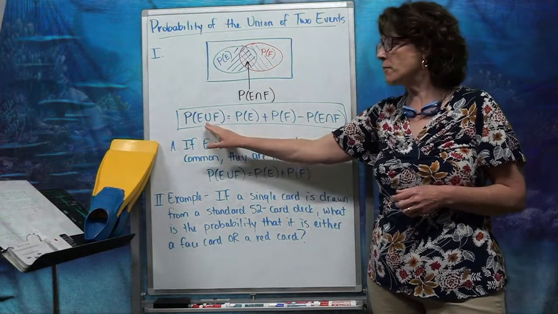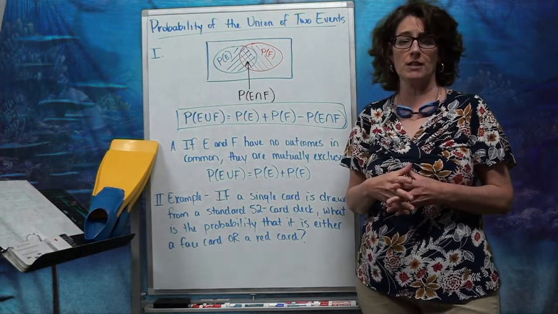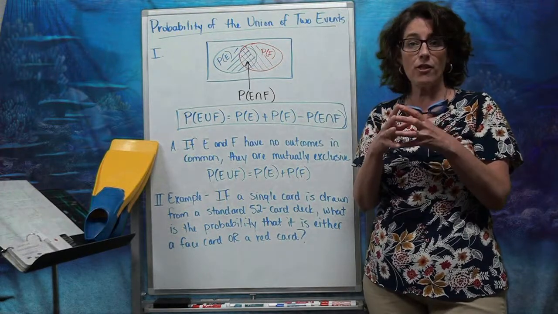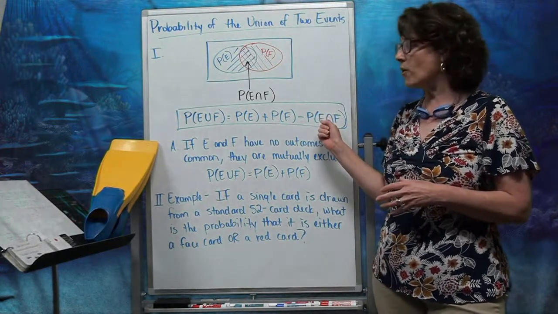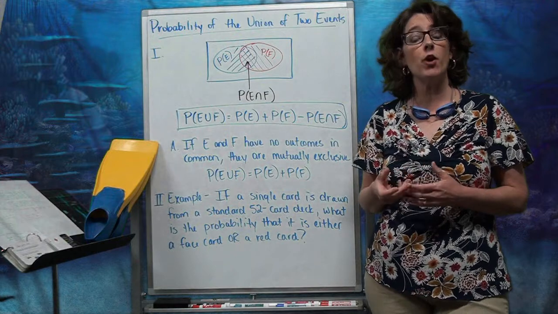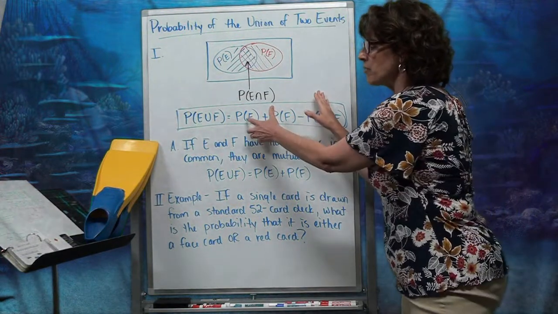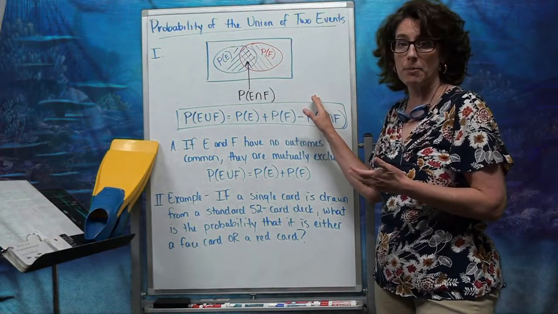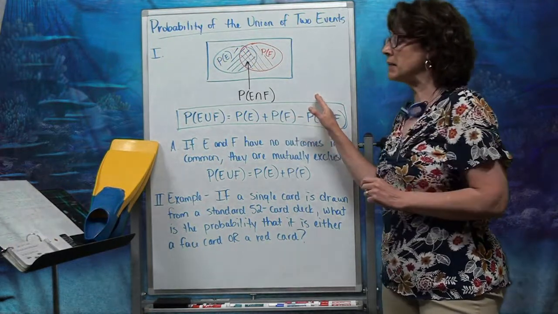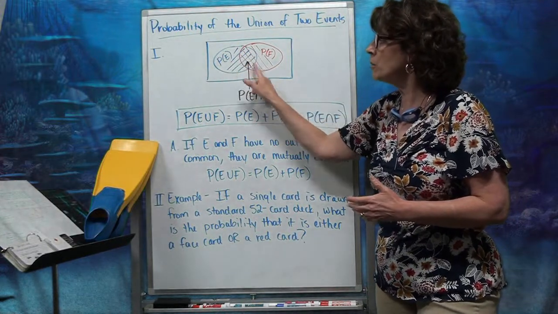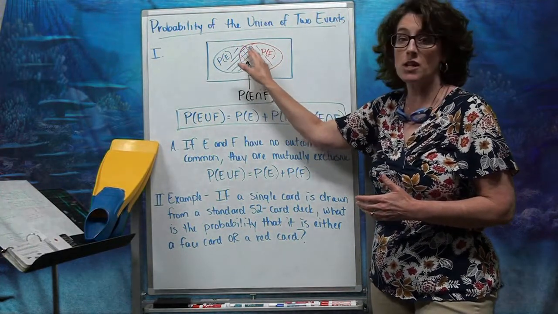So if we want the probability of the union of the two events, in other words, we want the probability of the two events happening together, we need to take out the overlap because we don't want the overlap to be counted twice. Because if we only take the probability of the blue event happening plus the probability of the red event happening, notice that the probability of the blue event takes into account this centerpiece.